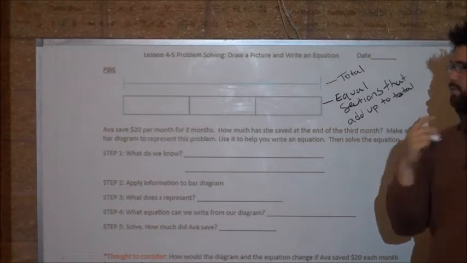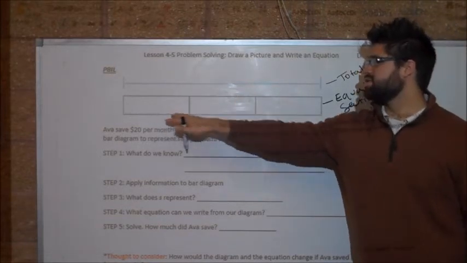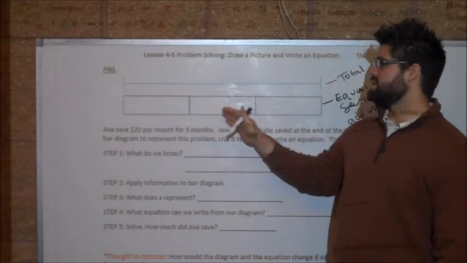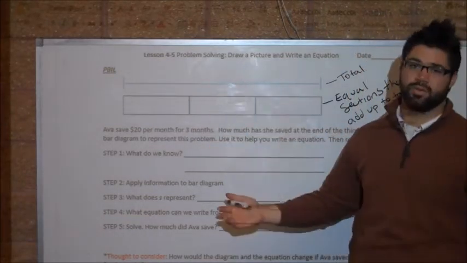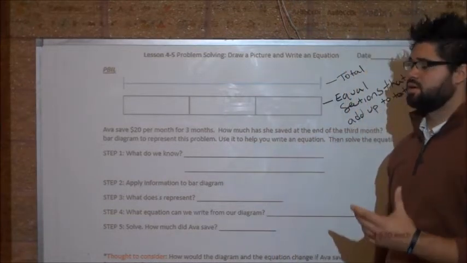So that's just a quick review. This line segment on top is the total, it's the whole. Each of these sections, in this case, are equal, and all of these together will combine to make the total.